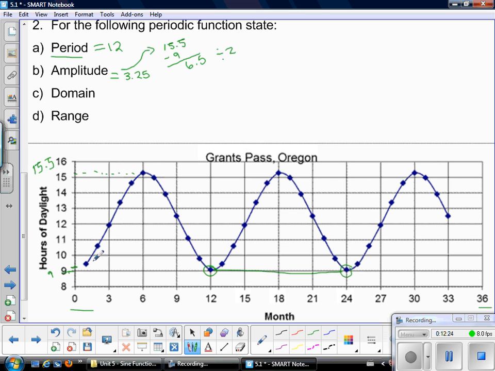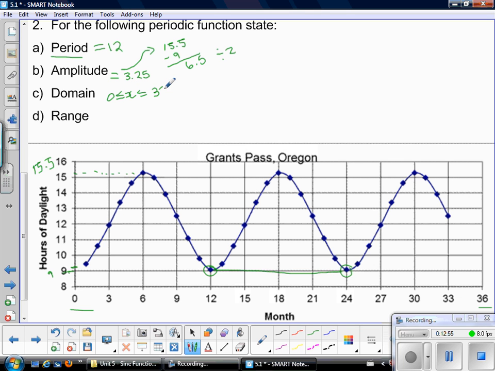The domain, we did this in our first unit, and it has to do with the x-axis. The domain for this graph appears to be from 0 to 33, so x fits between 0 and 33.